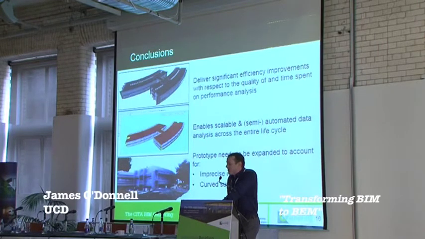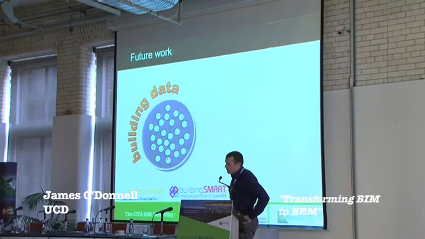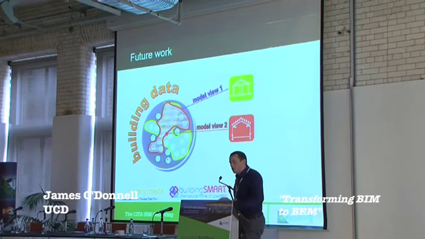I won't say any more on that. Furthermore, we've also talked about the shoebox type models and orthogonal heat transfer, and we also need to update this particular prototype to account for curved surfaces. There is actually, in the latest version of SPT, a workaround for curved surfaces, so that works as well.